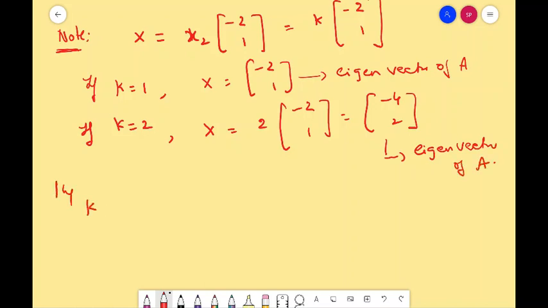Similarly, if I take k is equal to minus 5, then x will be equal to minus 5 into minus 2, 1, which is 10, minus 5.